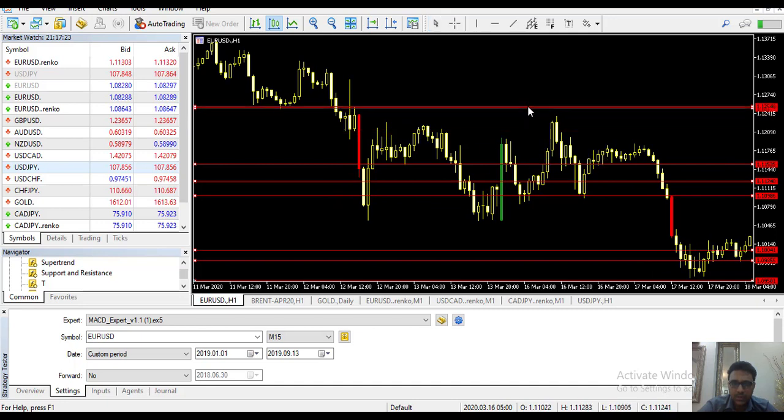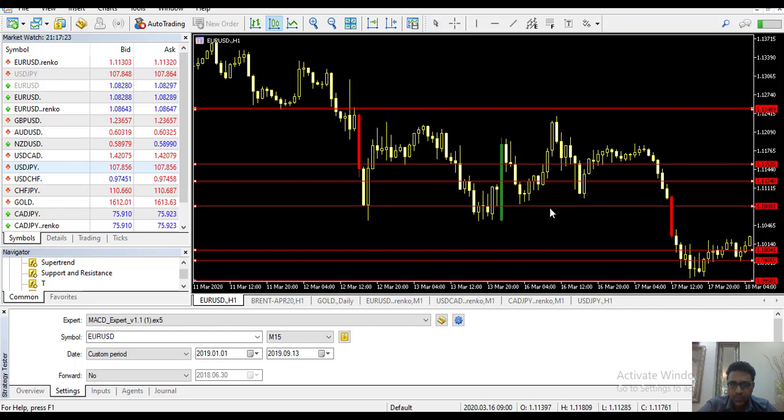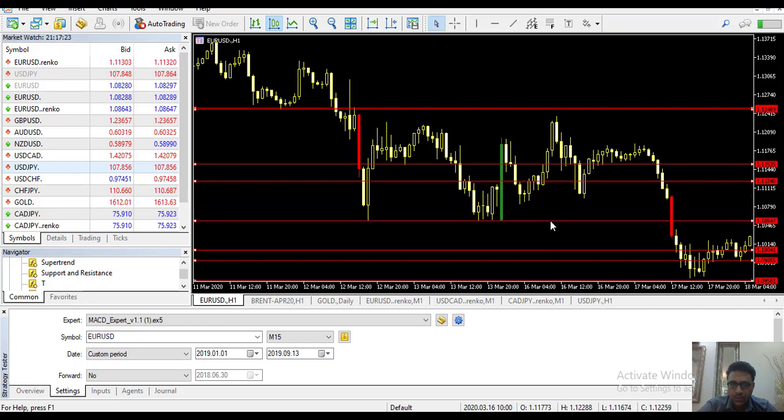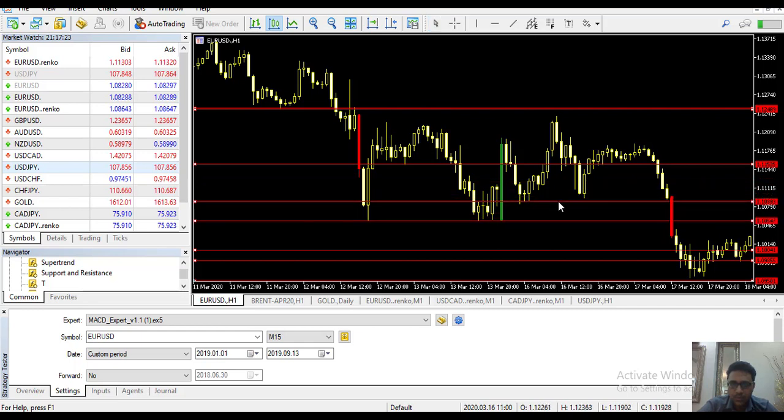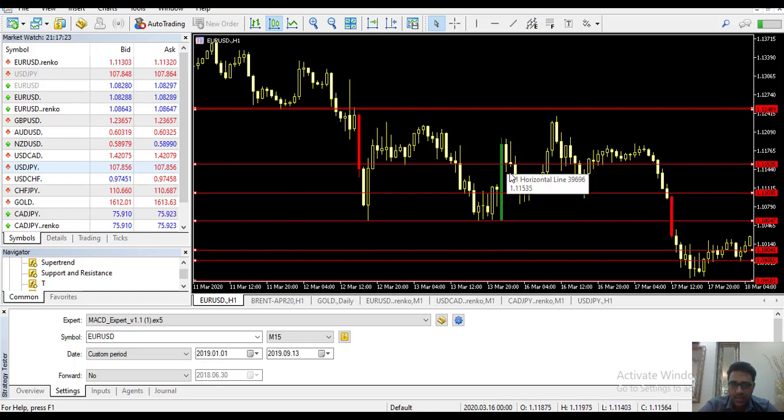Let's zoom out of this a bit. Our big range area, this candle broke through it, then came back to this area. Did it react? Yes, it did. At least to this resistance, yes, it did.